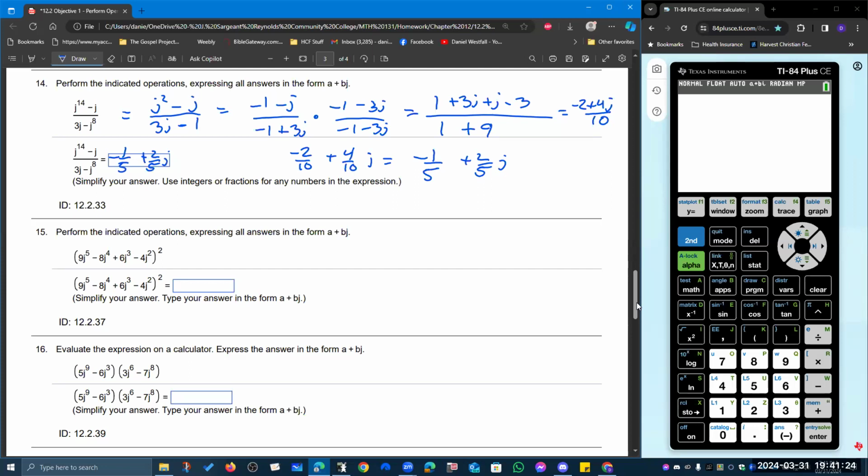There we go. Let's go ahead and simplify here before we get started. J to the 5th is the same thing as j. J to the 4th is the same thing as a 1. J to the 3rd is the same thing as a negative j. J squared is the same thing as a negative 1.